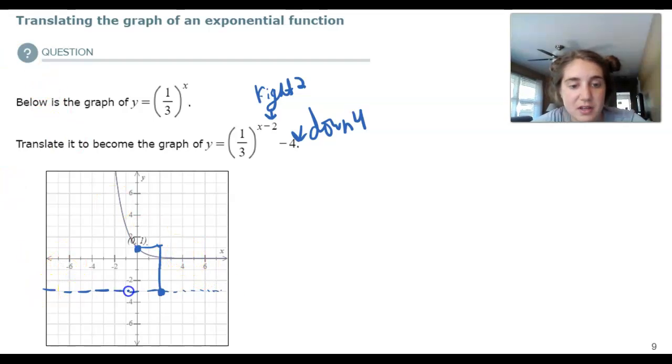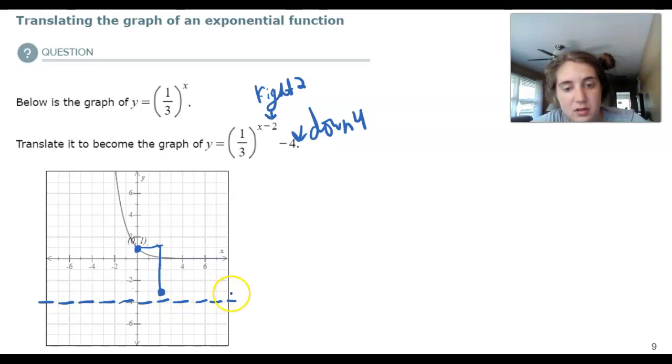Sorry, I drew that in the wrong spot. So that one's in green. It looks something like that.